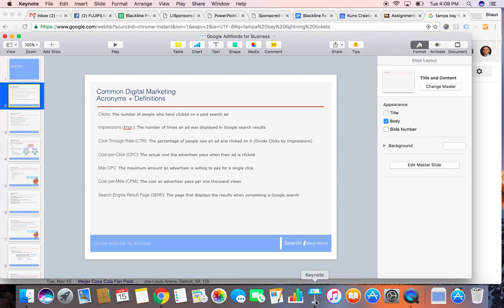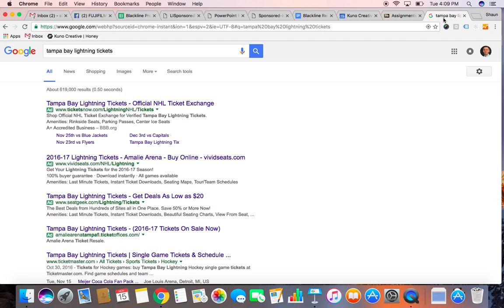Taking a look back at common digital marketing terms, clicks are the number of people who have clicked on a paid search ad. Impressions are the number of times the ad was displayed in the search results page. So if we go back to this example here, all these ads would show an impression.